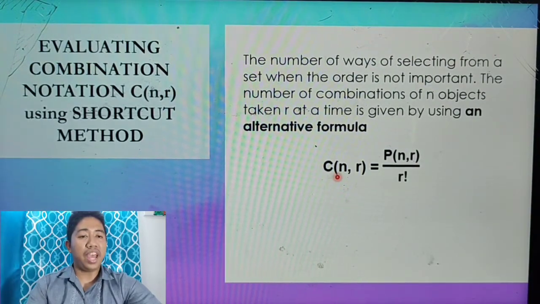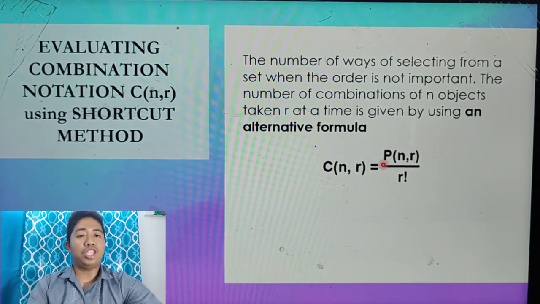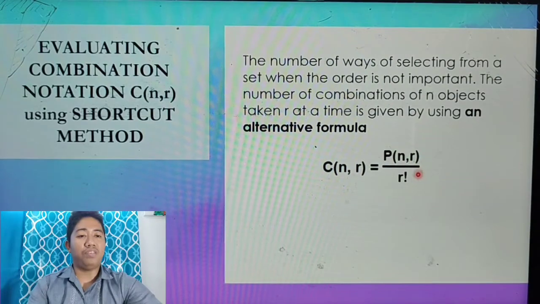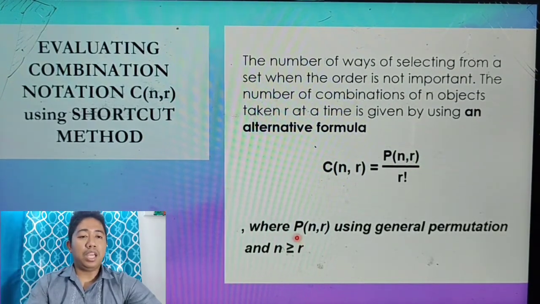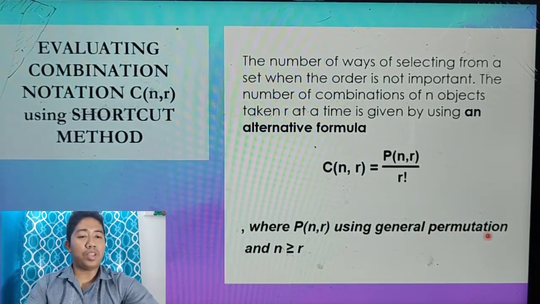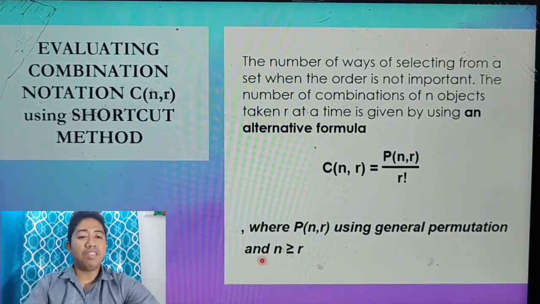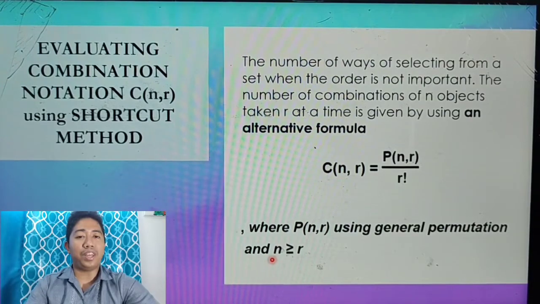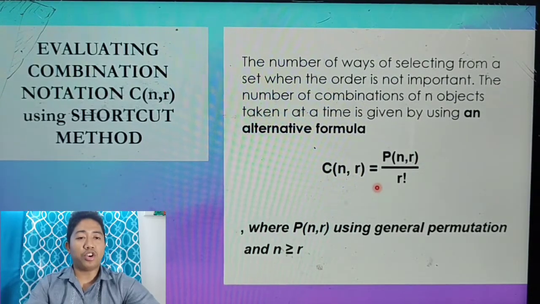So the combination of n taken r at a time is equal to the permutation of n taken r at a time all over r factorial. Where P, or permutation of n taken r at a time, uses the general permutation, as I have already discussed in the previous video. And the given condition is that the value of n must be greater than or equal to r. So that is the alternative formula for determining the number of combinations using the shortcut method.